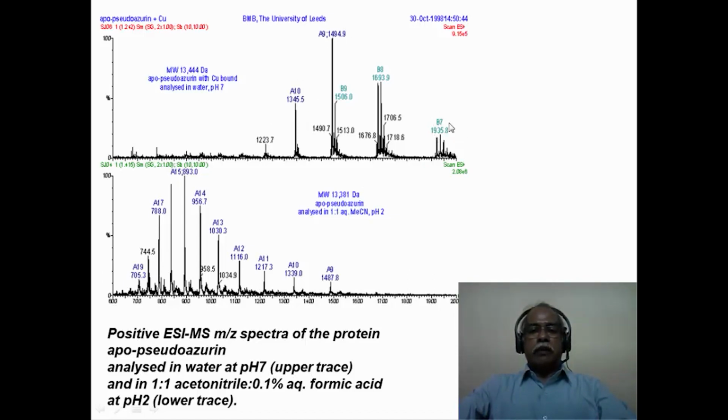Whereas at pH 2, which is a more acidic system, you are starting from 9 charge all the way up to 19 charges in this particular species, with an M by Z value of 705.3 or so. Not only that, you have a molecular weight difference of about 13,444 in this particular case, whereas in this case 13,381.